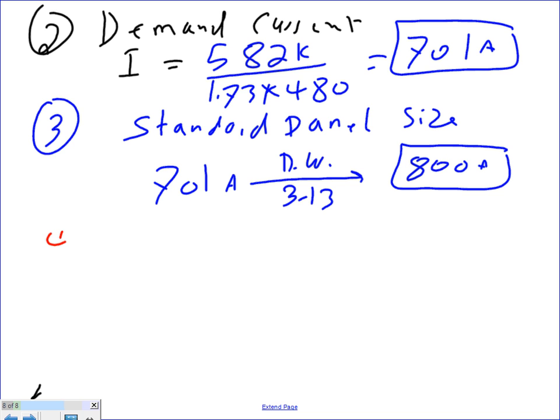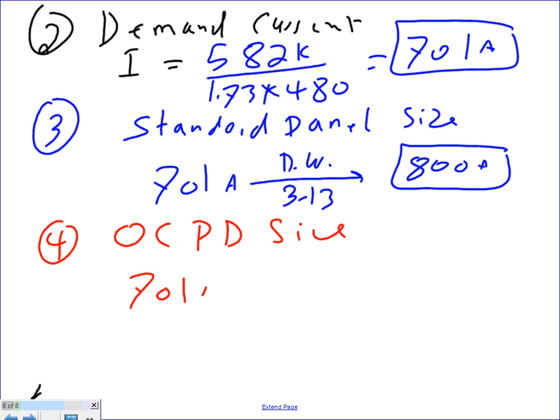Number 4, overcurrent protection device size. Same thing, you take the 701 amp all the way to 240.6. Now the next standard, guys, either you can go 700 or 800. Look at the jump, 701 all the way to 800. That's where you use your judgment.